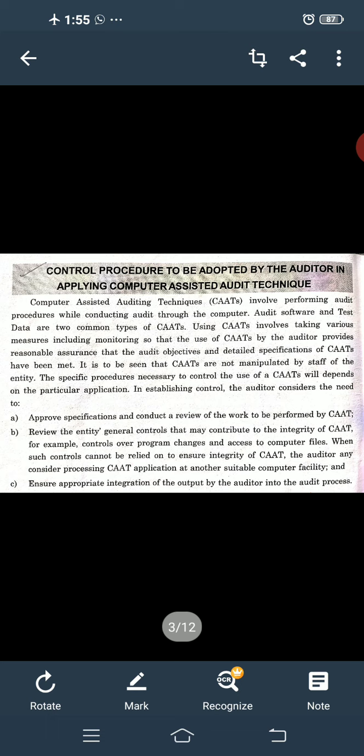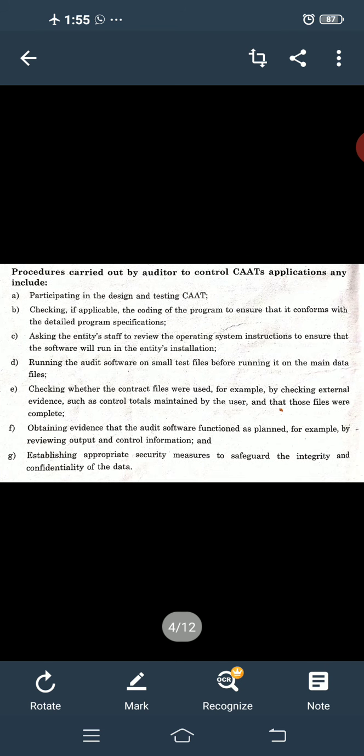The next one is to ensure appropriate integration of the output by the auditor into the audit process. Next are the procedures carried out by the auditor in order to control the CAAT application. It may include participating in the design and testing of the CAAT.